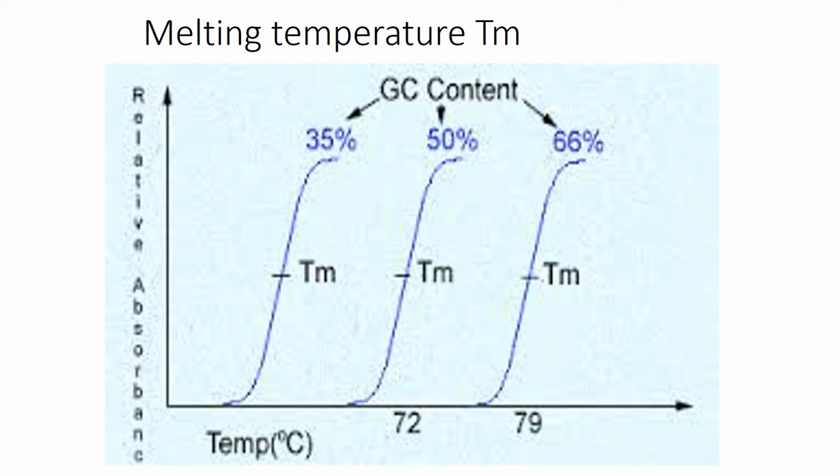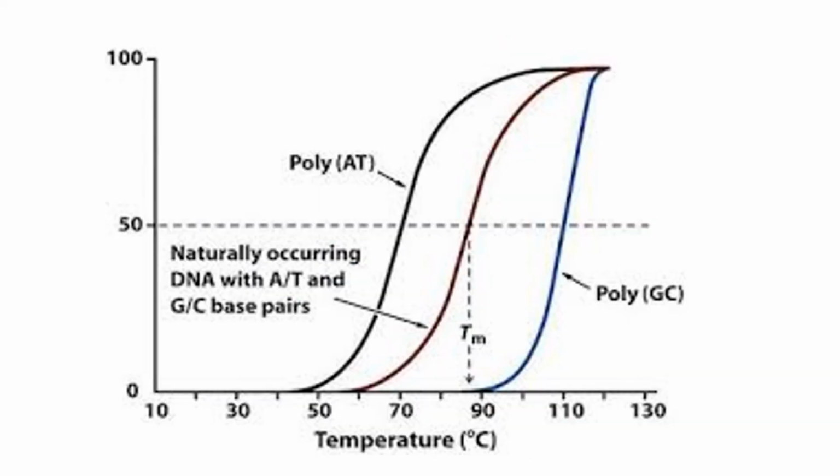For example, a DNA obtained from one source and another DNA obtained from a different source will have different GC content, and the temperature at which it melts shows its specificity. The poly-GC tail is melted later on because it contains 3 hydrogen bonds which have to be broken for the separation of DNA strands.